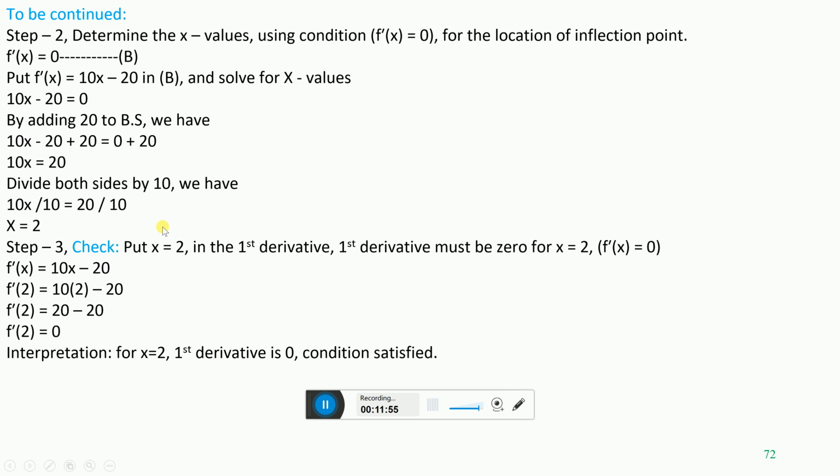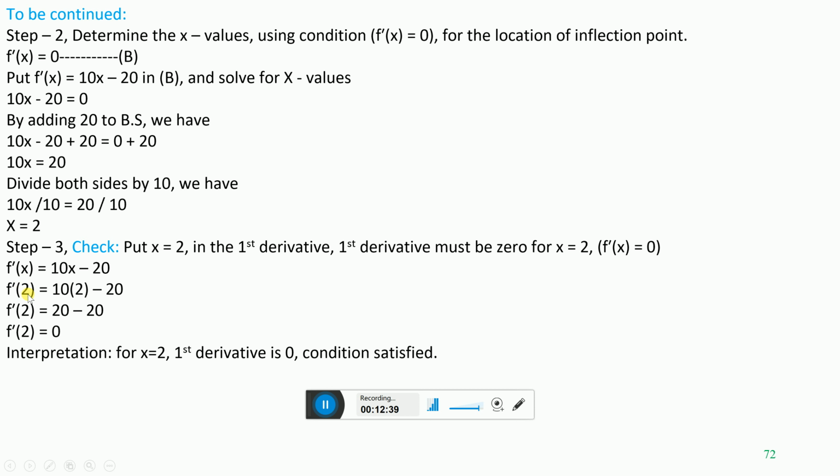Now we have determined the location of the inflection point, meaning the point along the function at which the slope of the function, the first derivative, will be 0. Now I am checking whether at x is equal to 2 this first derivative is 0 or not. So put x is equal to 2 in the first derivative. f prime of x is equal to 10x minus 20.